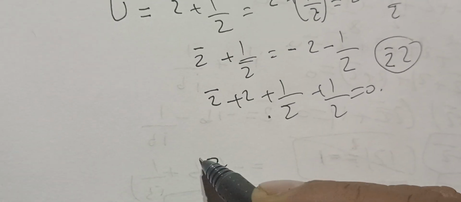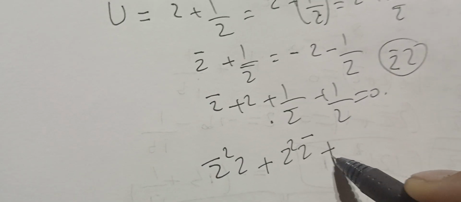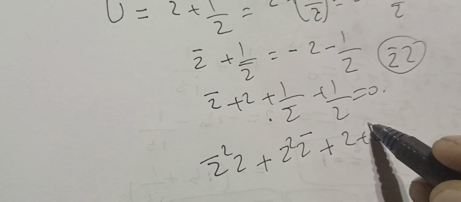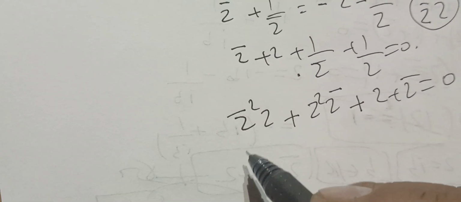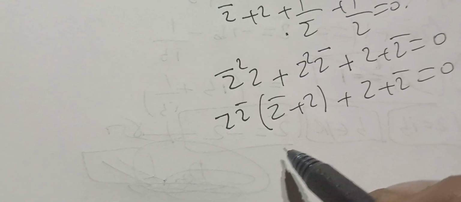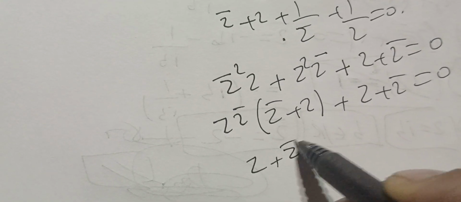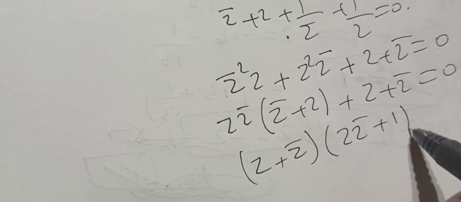So you get z bar squared times z plus z squared z bar plus z bar plus z equals 0. Here we're going to factor. Using our knowledge of factorization, we get z plus z bar times z z bar plus 1 equals 0.